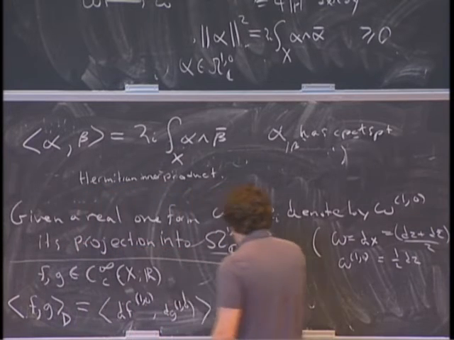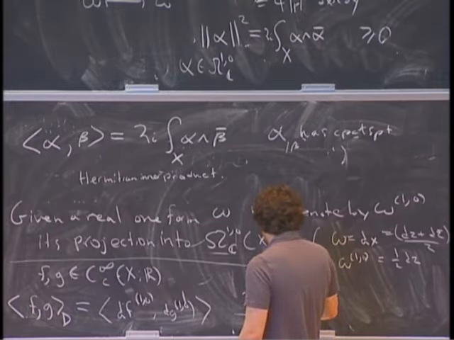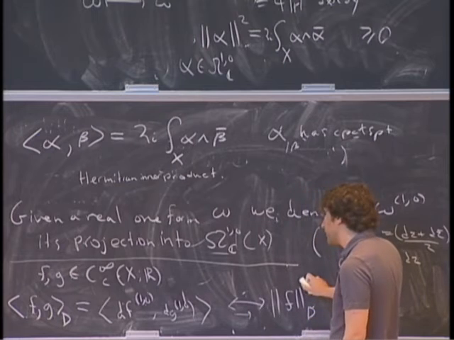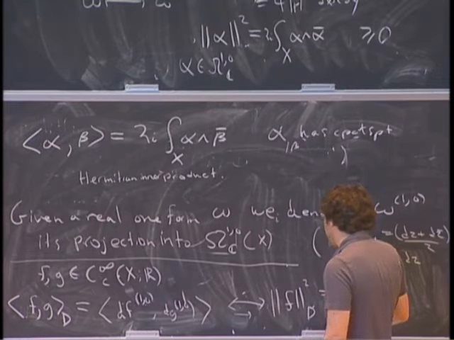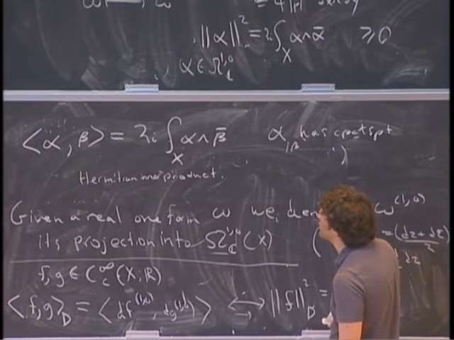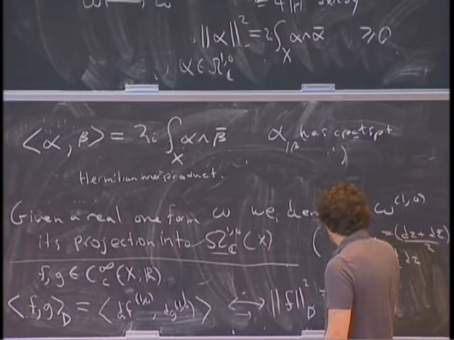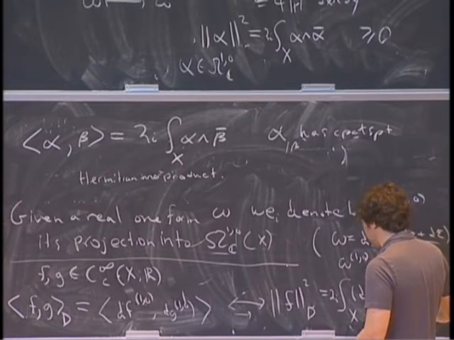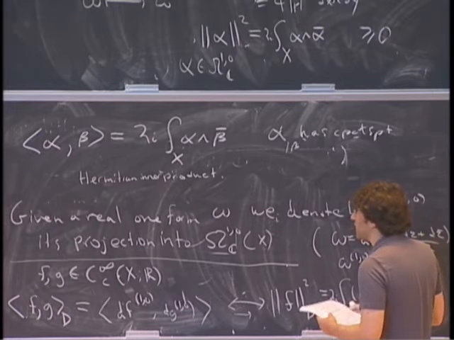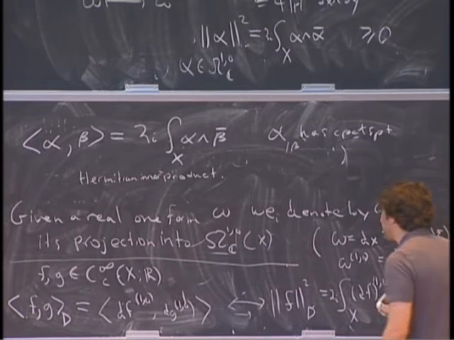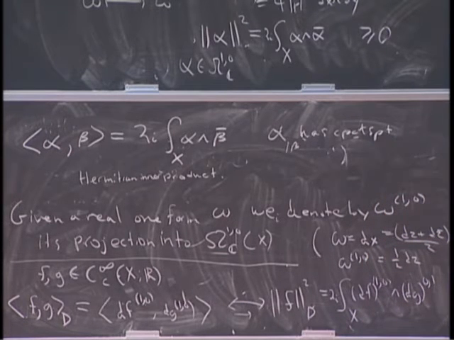And one can see that similarly we have an associated norm, the Dirichlet norm, or semi-norm, which is just the integral over x of 2i df^{1,0} wedge dg^{0,1}.